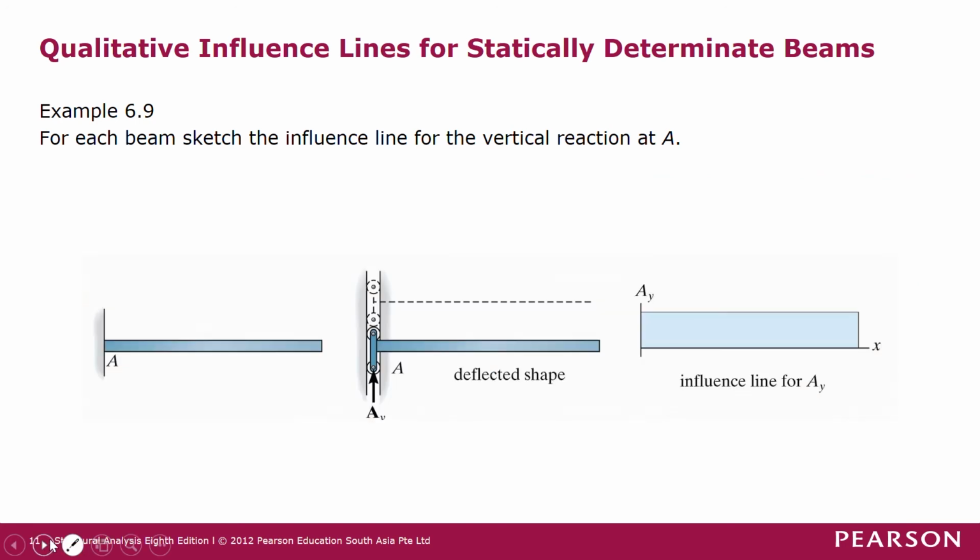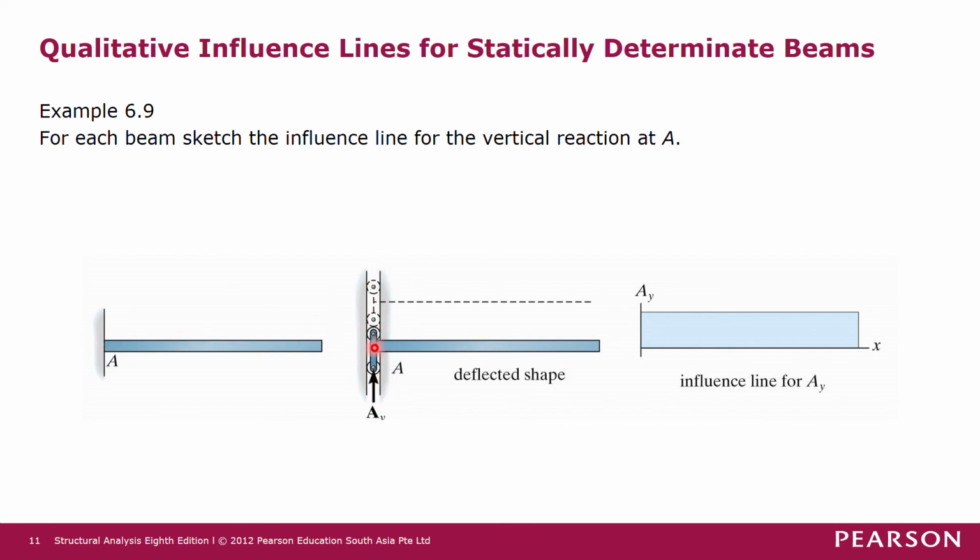And then as for the vertical reaction at a cantilever beam, first of all, if you want to know the support reaction influence line for point A here, replace this point with a roller guide.